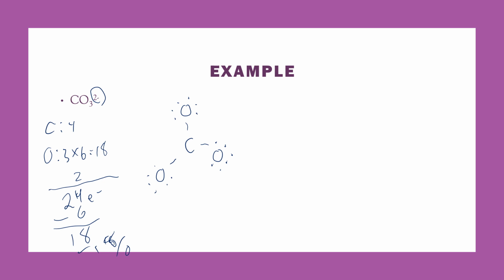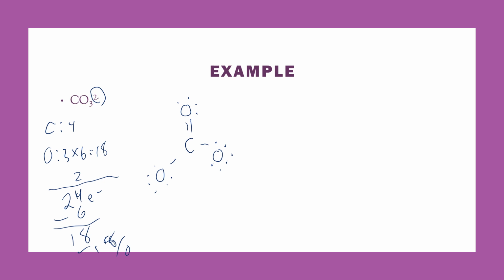However, that carbon only has 6 electrons assigned to it, basically. It really needs a full octet, especially because it's in the second period. So what I need to do is take one of those lone pairs and change it into a double bond so that oxygen still has a full octet and carbon now has a full octet.